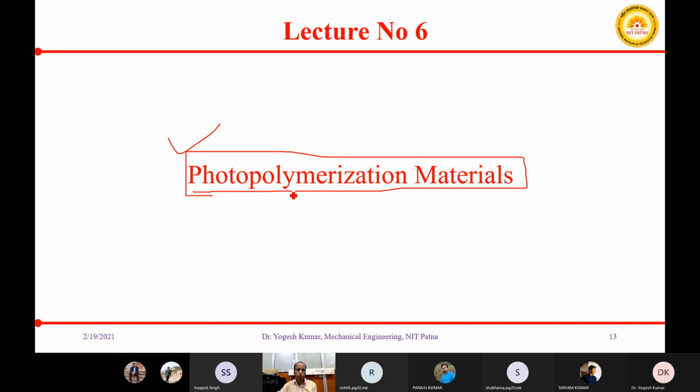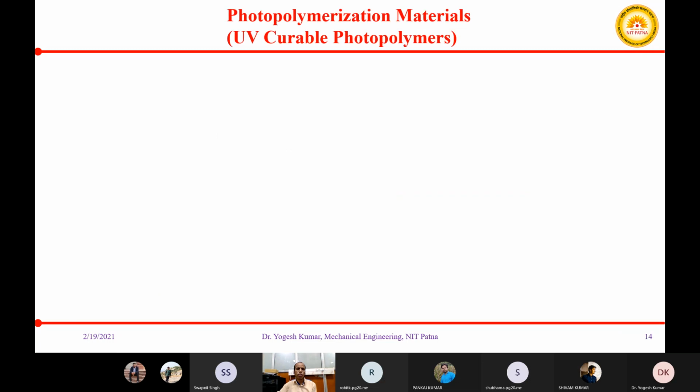So let us come to the materials. These materials are also called UV curable photopolymers. Why are these called UV curable photopolymers? Because we are using UV radiation to cure these materials.